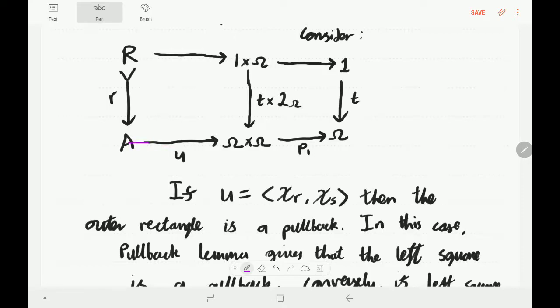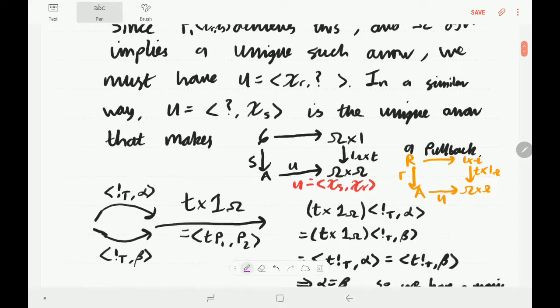And so, since there's a unique classifying arrow that makes this a pullback, that means that P1 after U has to be that unique classifying arrow. And in a similar way, we can do similar reasoning about S. So we find out that U has to be chi r, chi s. That's the basic idea of the proof.